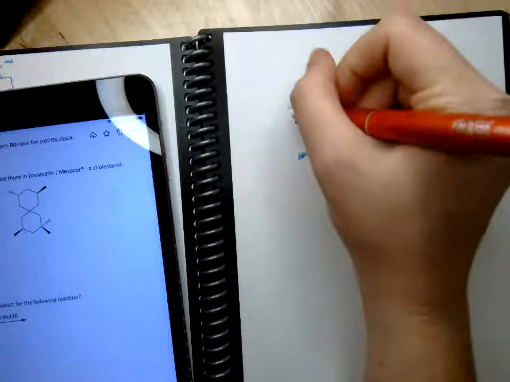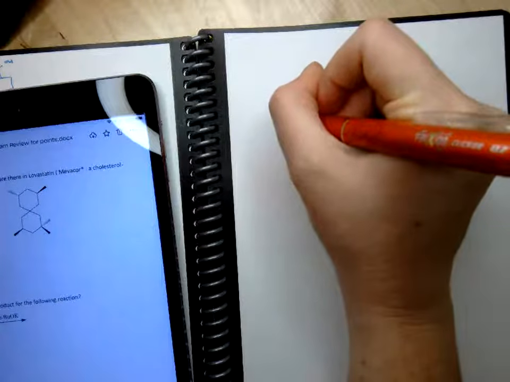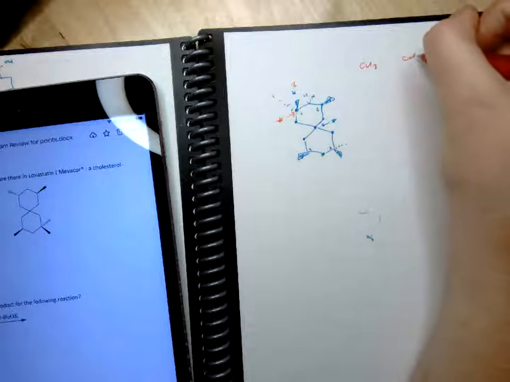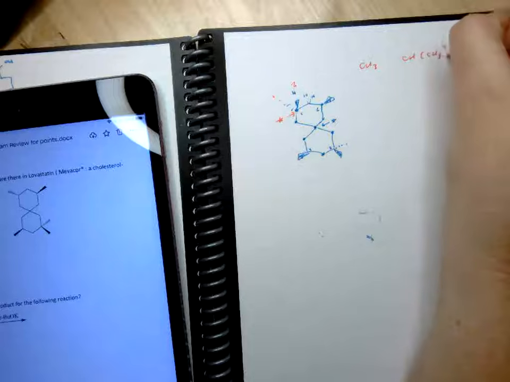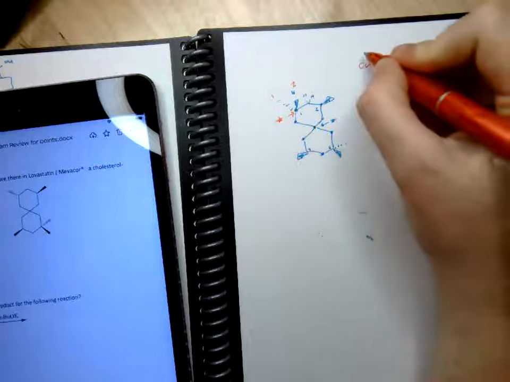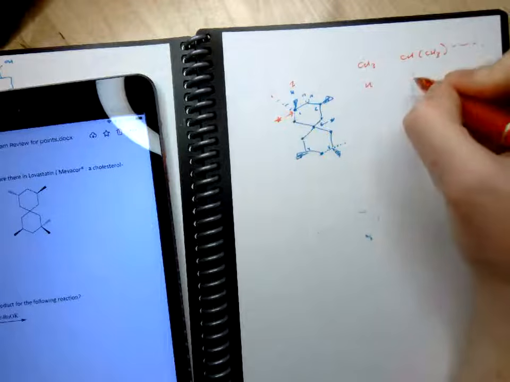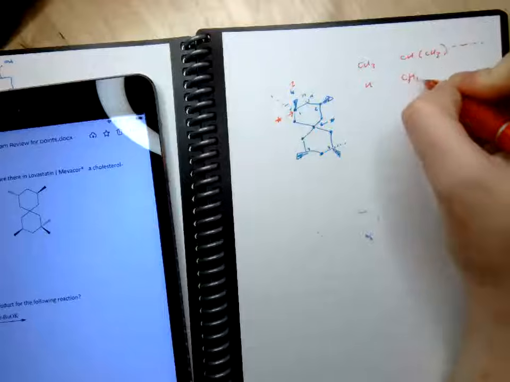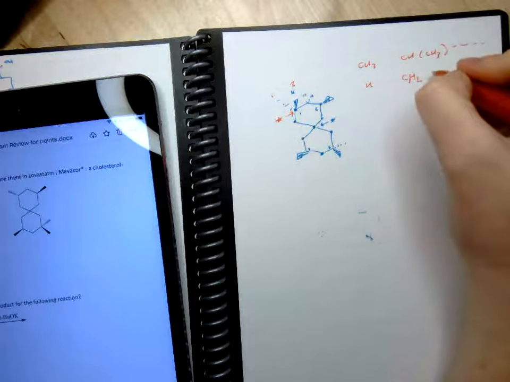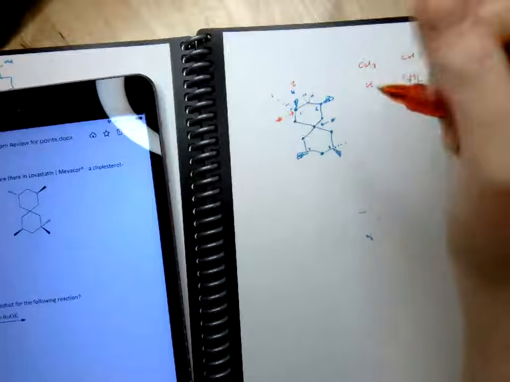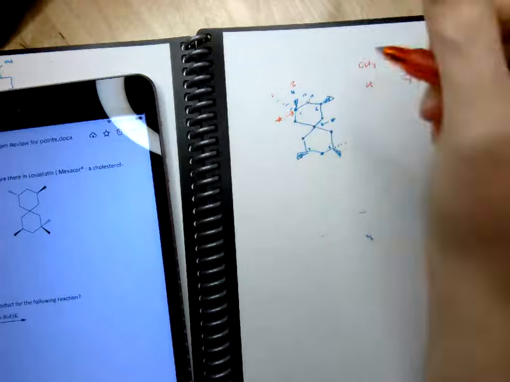So I'm going to say that this is a chiral center because we have CH3 on one side, and then the ring would go on that side, H. And then on this side, we have C, and then CH2, I guess, followed by C, and then a whole long spaghetti chain of all these things bonded. So that's one chiral center right there.